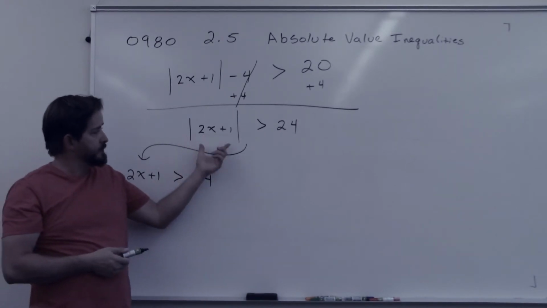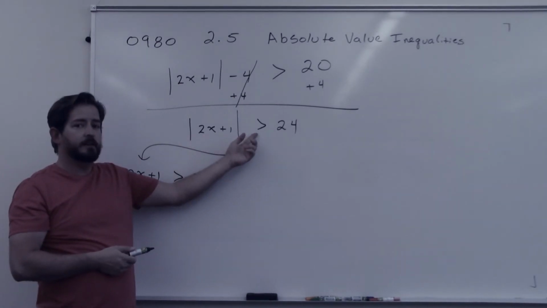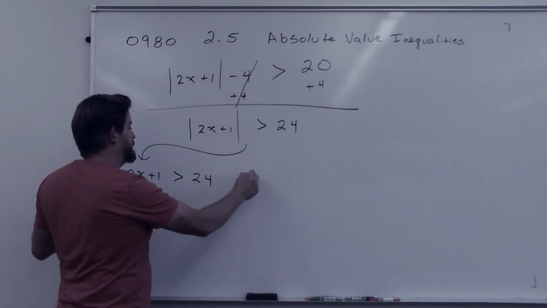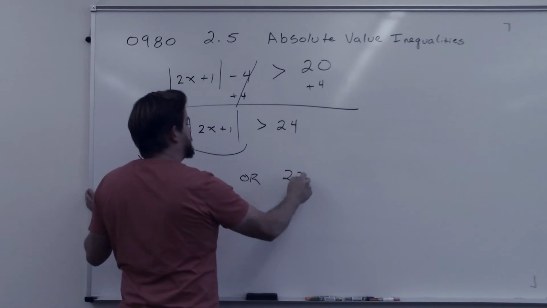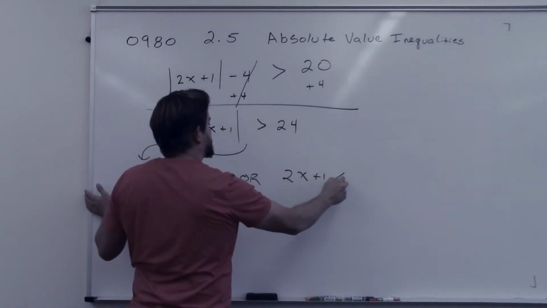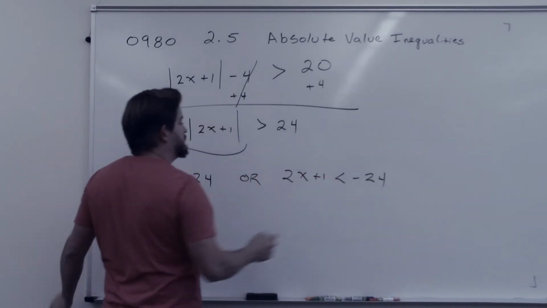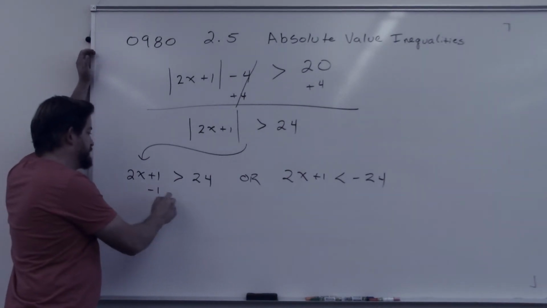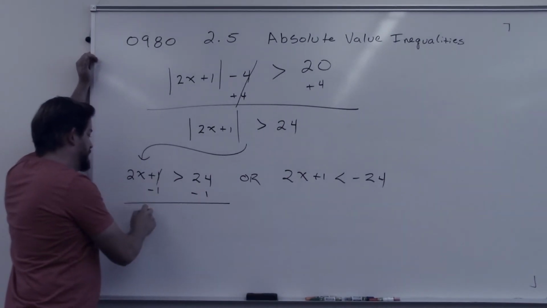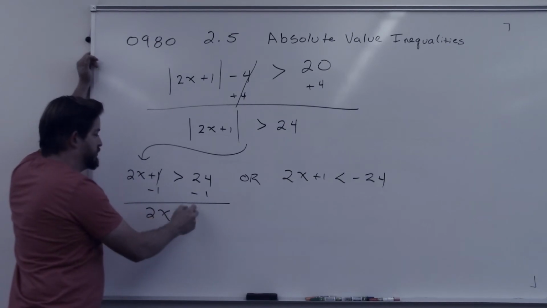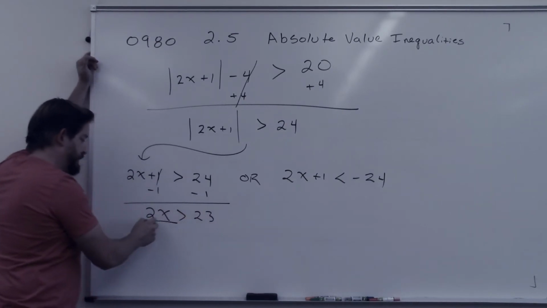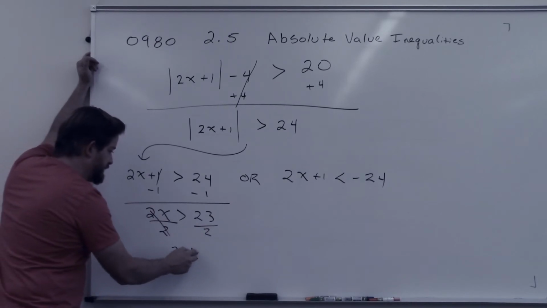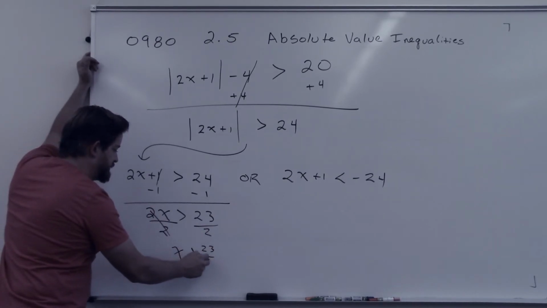And again, since its magnitude is greater than, that's an OR statement, right? Or that 2x plus 1 is less than negative 24, okay? And then we solve each of these. Minus 1, that gives me 2x is greater than 23. And if I divide each side by 2, then I get x is greater than 23 over 2, right?